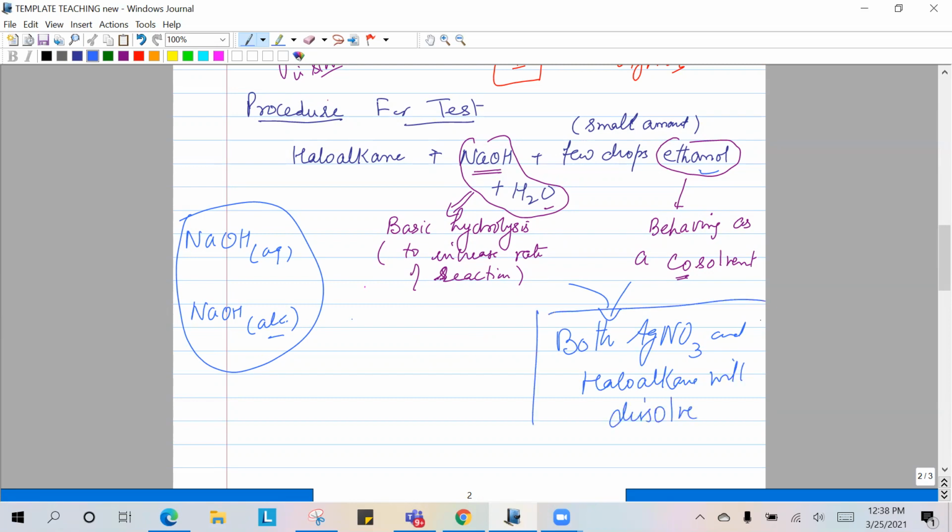So if they ask you why ethanol is added, it is a co-solvent, it will ensure this is dissolved. All of it, AgNO3 as well as the haloalkane. So the actual thing is it is a co-solvent, which means that in addition to water, there is an alcohol also.